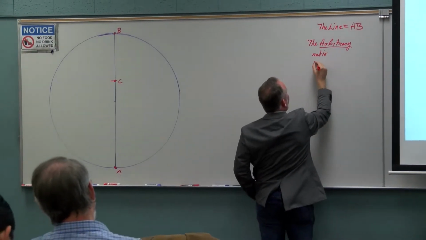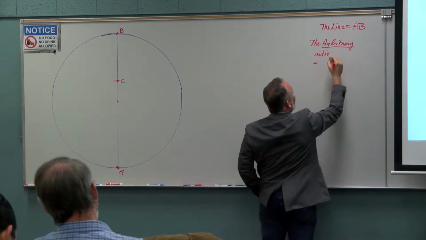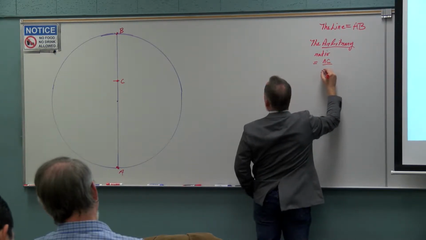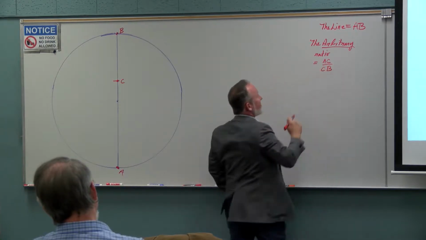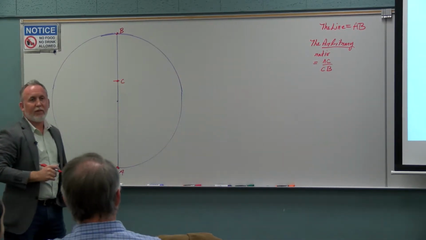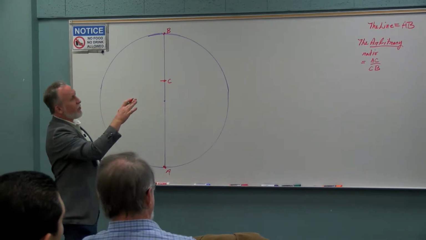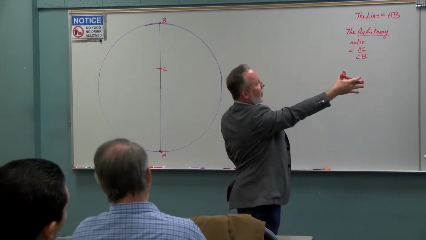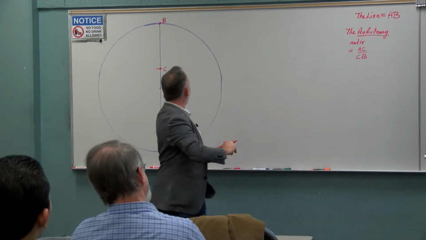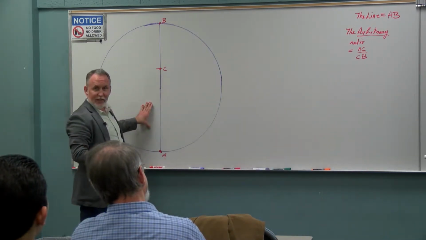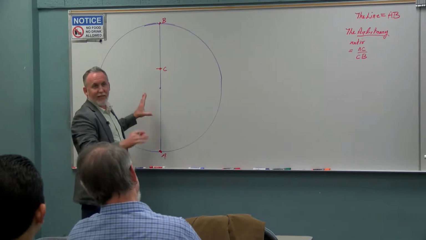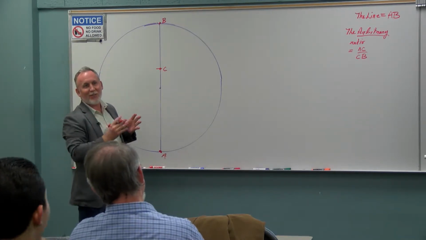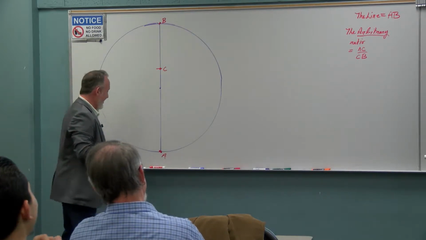So the arbitrary ratio that we've cut the line into is this length AC to CB. All right, and so we did this first part. We took a line, we divided it into two unequal sections, and then we're going to cut each section here by the same ratio. How do we do that? We're going to use simple geometry to do it.